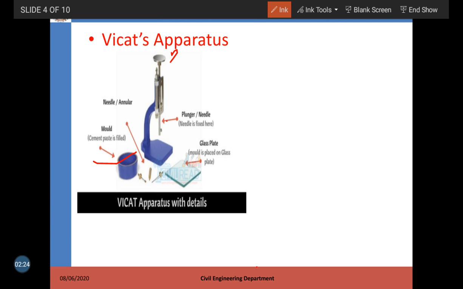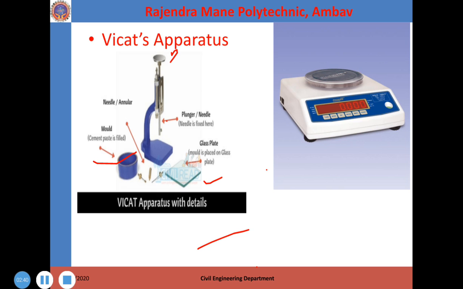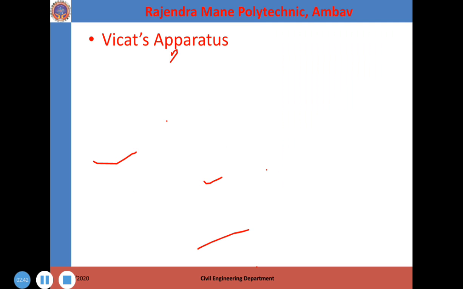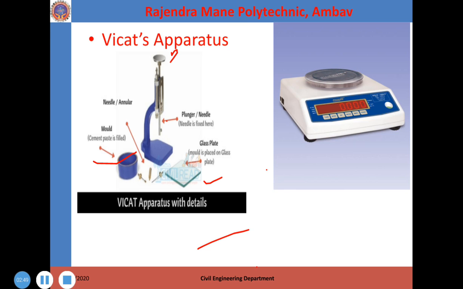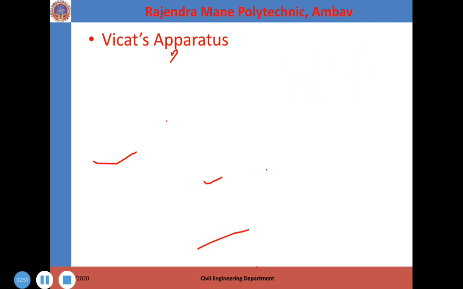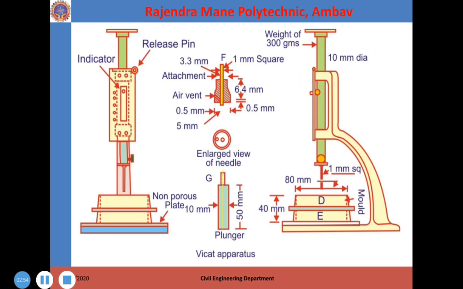One glass plate is there, then the weighing balance and trowel. So this is a diagram of the Vicat apparatus.